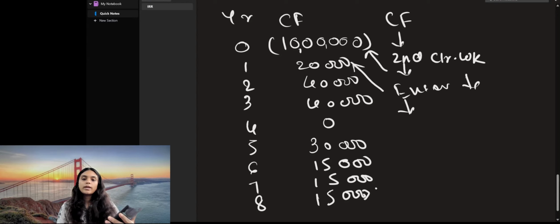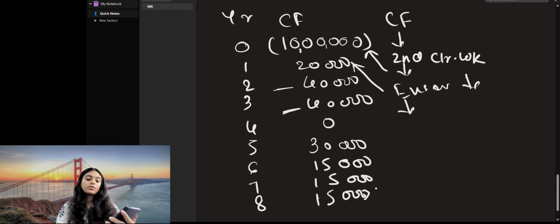Now C01 is 20,000. So put 20,000. This will be positive because it is an inflow. Then again enter and down. So F01 will be 1, correct? So enter and down arrow. Now you're getting C02, right? But you see that there are two of the same inflows that we are getting for two consecutive years.